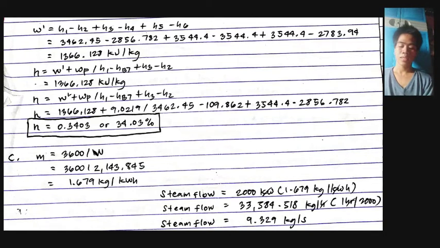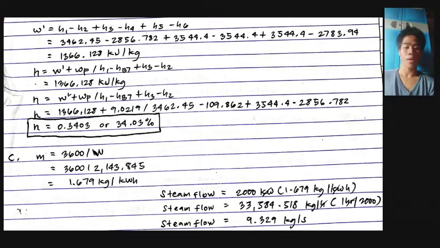By substituting it, W equals 3462.45 minus 2856.782 plus 3544.4 minus 3544.4 plus 3544.4 minus 2783.94, which is equal to 1366.128 kilojoules per kilogram.